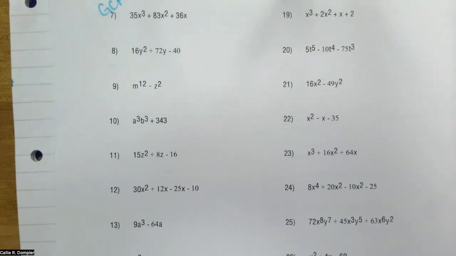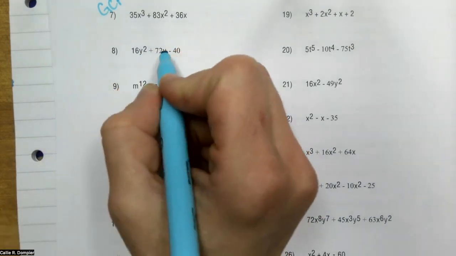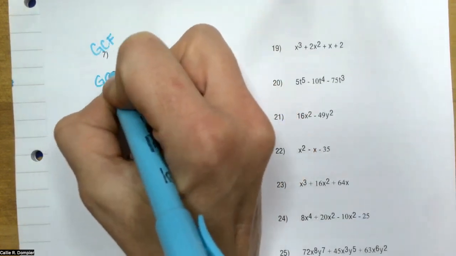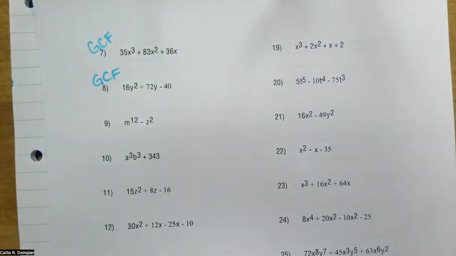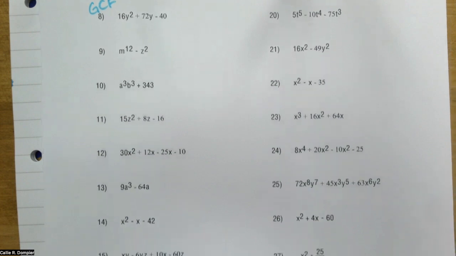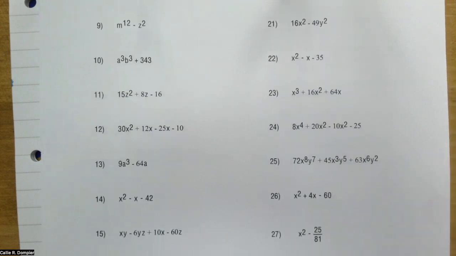Number 8, 16y squared plus 72y minus 40. No common variable, but those are all even numbers. 16 is even, 72 is even, and 40 is even. So I can at least factor out a 2. Okay. Looking at number 9, m to the 12th minus z squared. Nothing I can do with that because those are two totally different variables. No way to factor that. Number 10, a cubed b cubed plus 343.